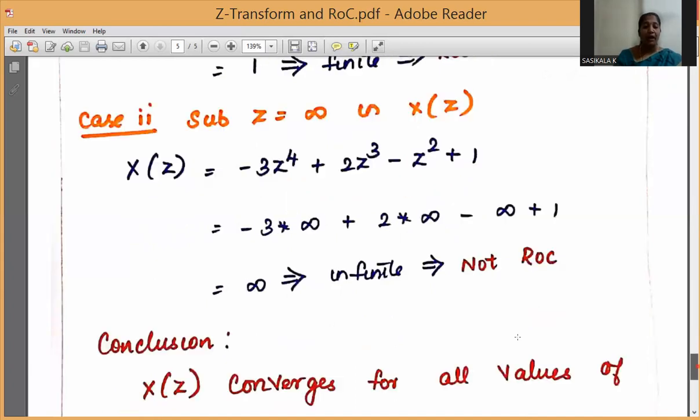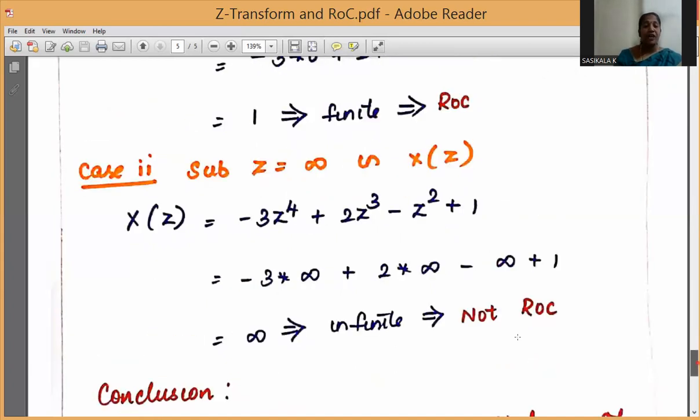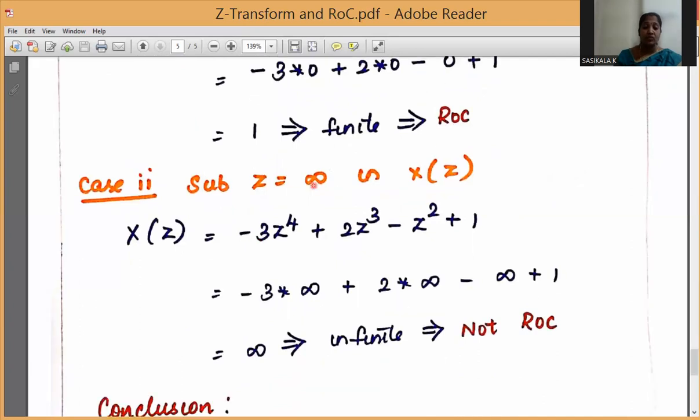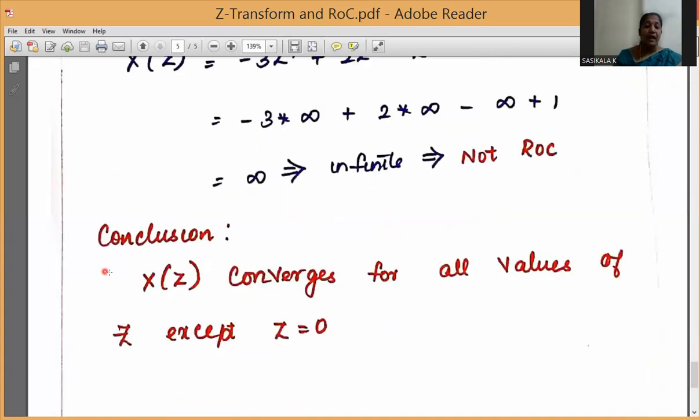So, what you have concluded is, when you substitute z is equal to 0, you have got X of z as a finite value. And when you substitute z is equal to infinite, X of z becomes infinite. So, we can conclude that X of z converges for all values of z except z is equal to infinite.